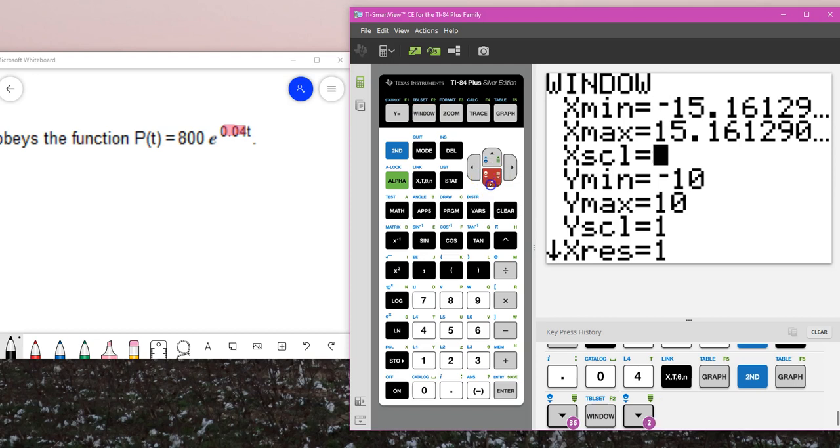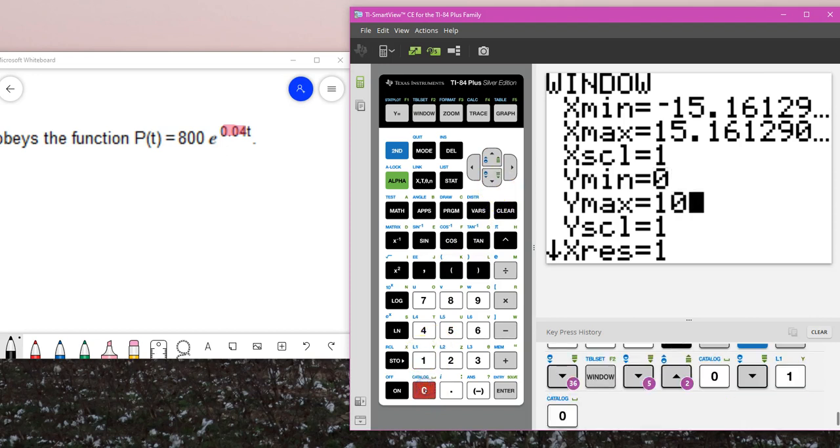Let's adjust it to start at 0 and go up to 1,000 for now, but we might adjust it again.